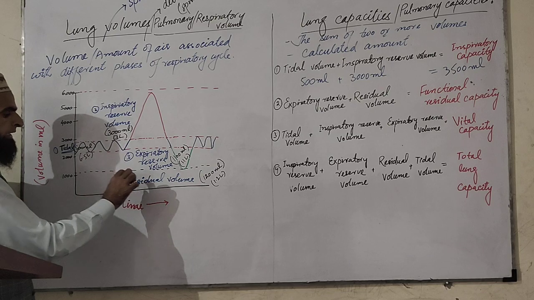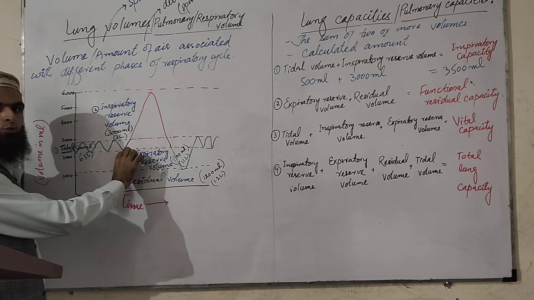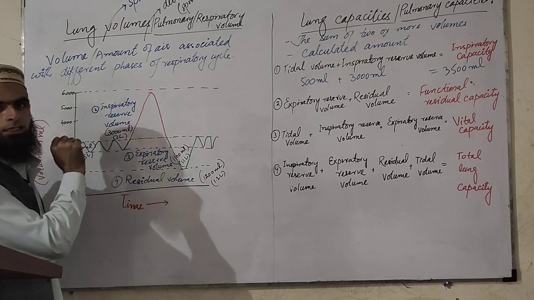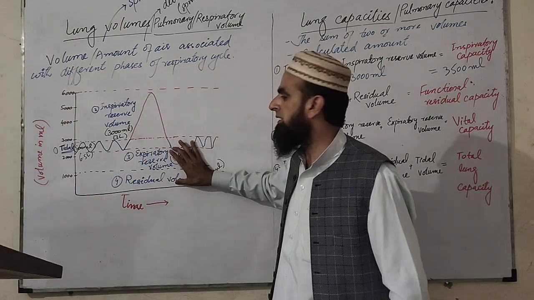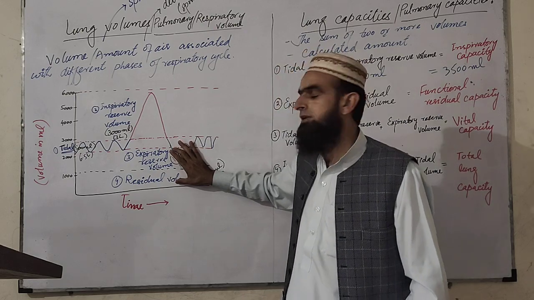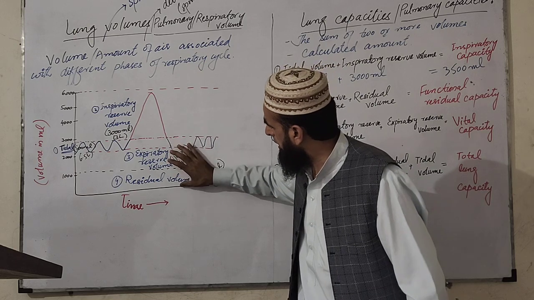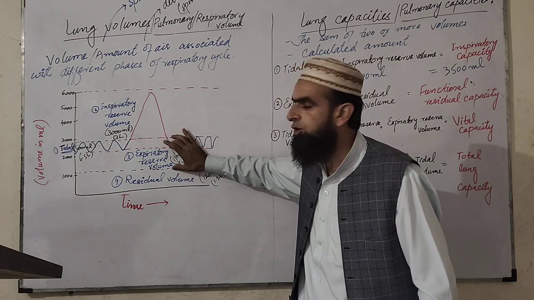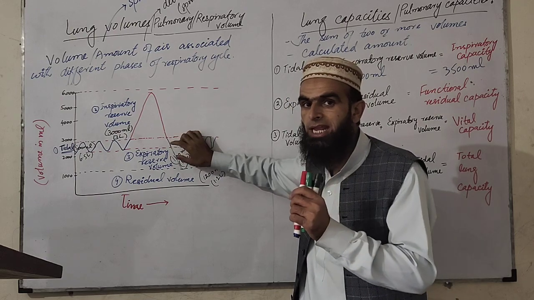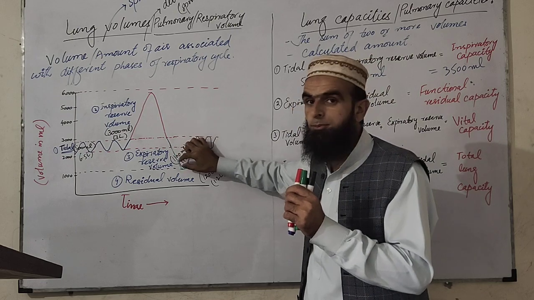So this is the residual volume, along with which the expiratory reserve volume must also be present during normal breathing. During normal breathing, this is the whole amount of volume which resides inside your lungs. Out of this whole amount of air, the expiratory reserve volume, a part of this volume, can be brought under function and used.